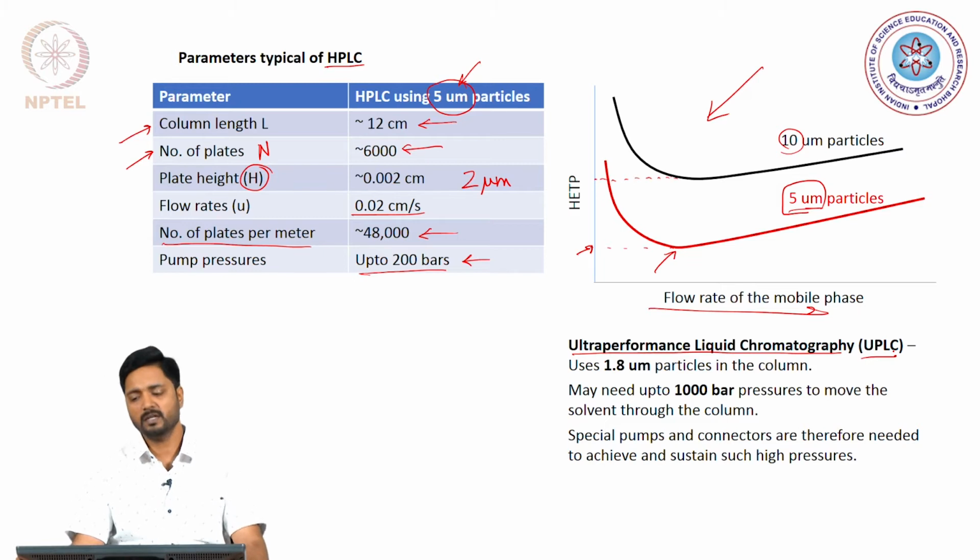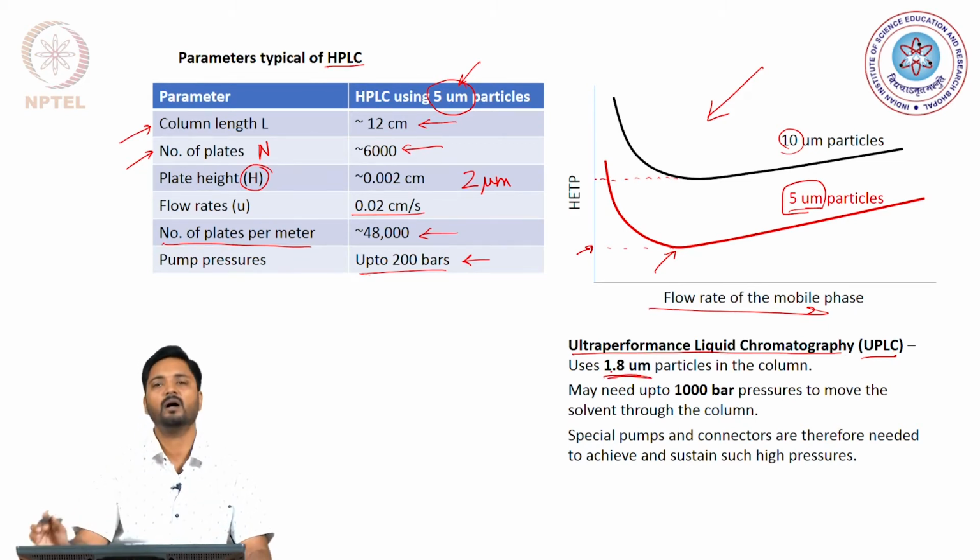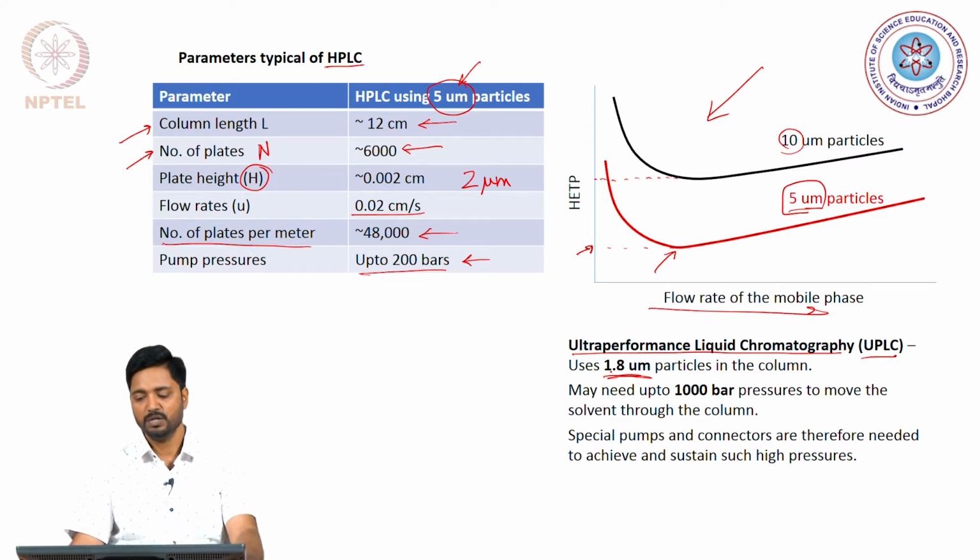Here you can see that the particle dimensions have been reduced considerably, and we use a typical particle size of 1.8 micron particles in the chromatography column. So, we pack our UPLC columns with particles that have the average diameter of 1.8 microns.